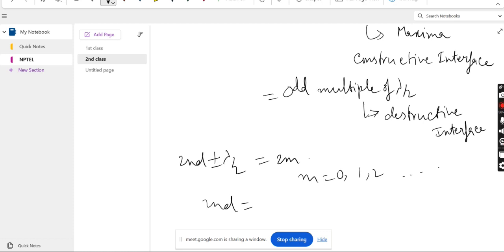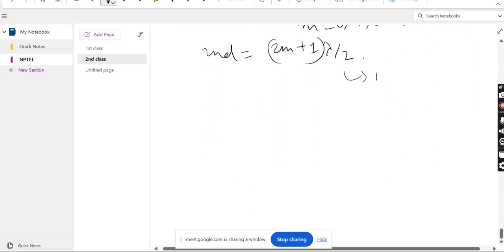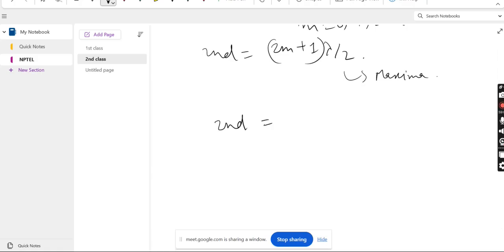So 2ND would be (2n plus 1) lambda by 2. This is the condition for maxima or constructive interference, and the condition for minima will be 2n lambda by 2.